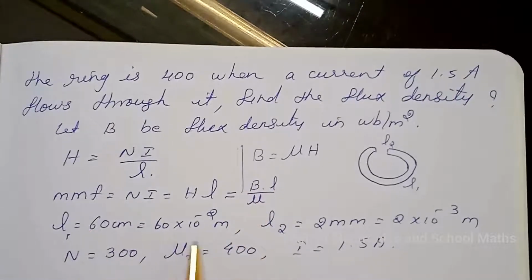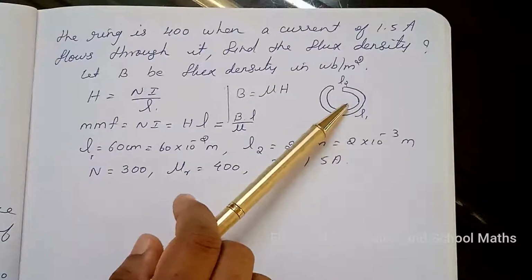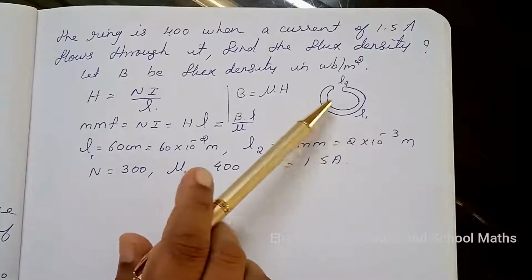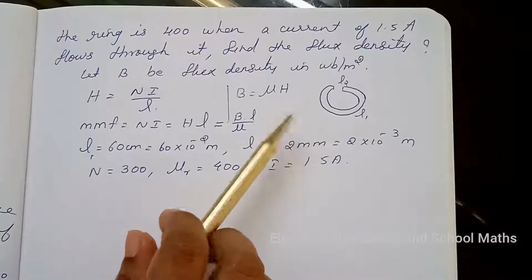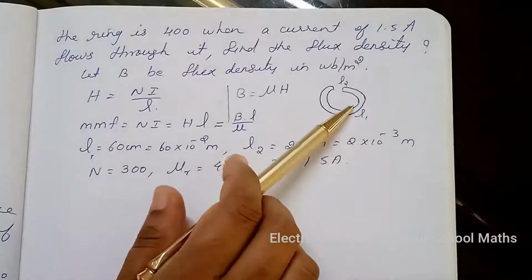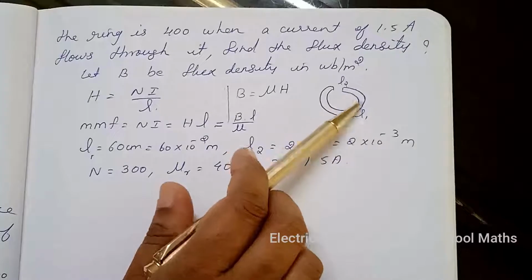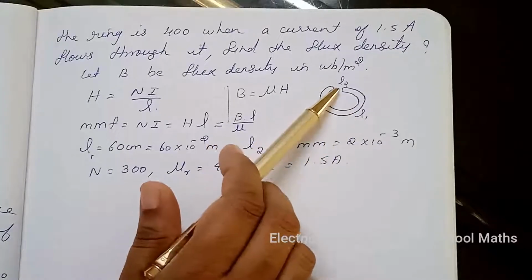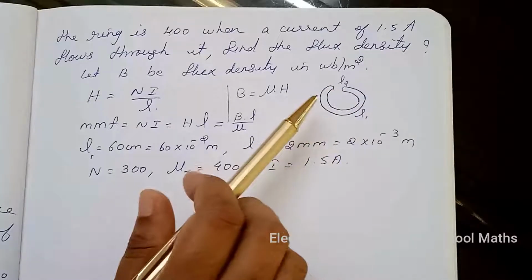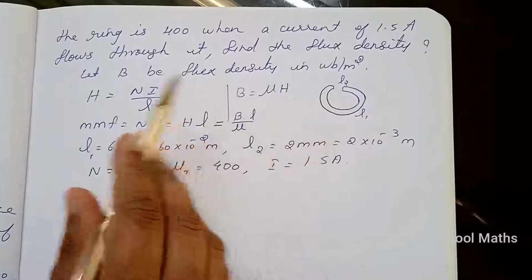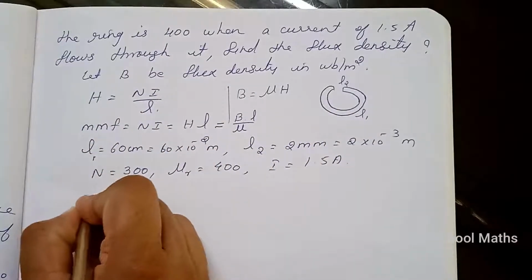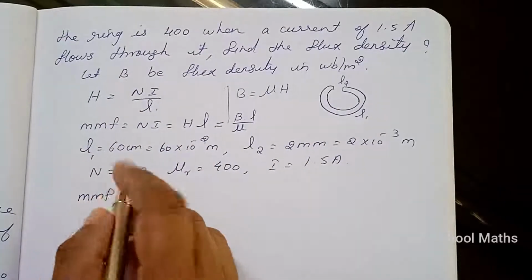Now write down the given data. Here first find the mmf required for the iron ring. Let L1 be the length of the iron ring and L2 be the length of air gap. And these two are in series. So first find mmf for the iron ring.